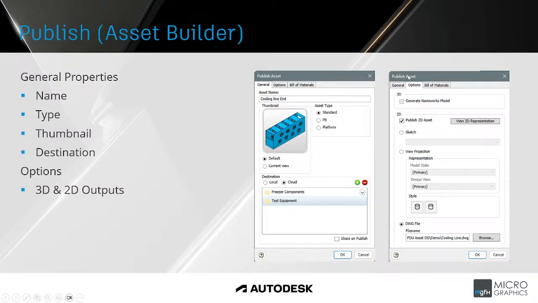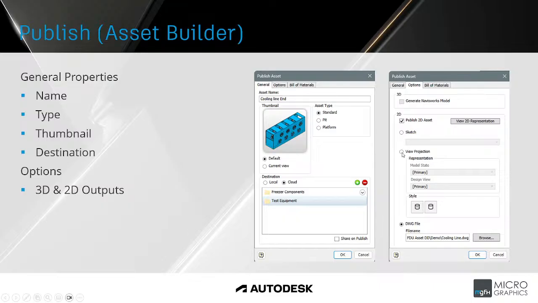Then part of the publishing process is also the output options. So for 3D, we can generate a Navisworks model. From a 2D perspective there, we can publish the 2D asset, and we have various options here on how to publish that 2D asset. So we can use a sketch within Inventor to output the 2D asset.